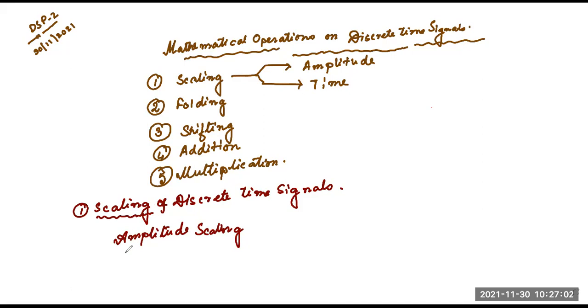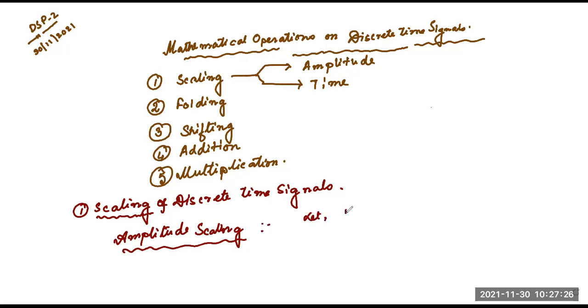Okay, so what does amplitude scaling mean? Amplitude scaling of a discrete time signal by constant A is accomplished by multiplying the value of every single sample by the constant A. So that is called amplitude scaling. Let us give an example.